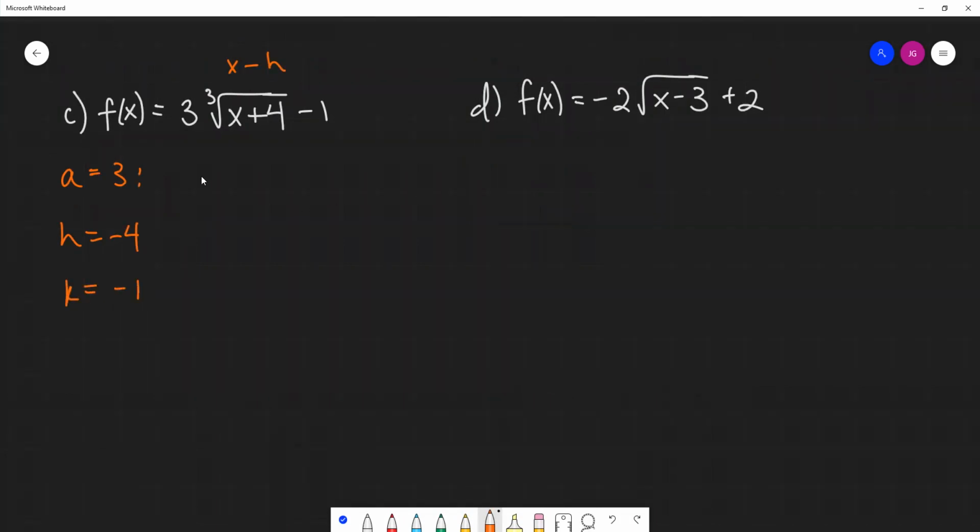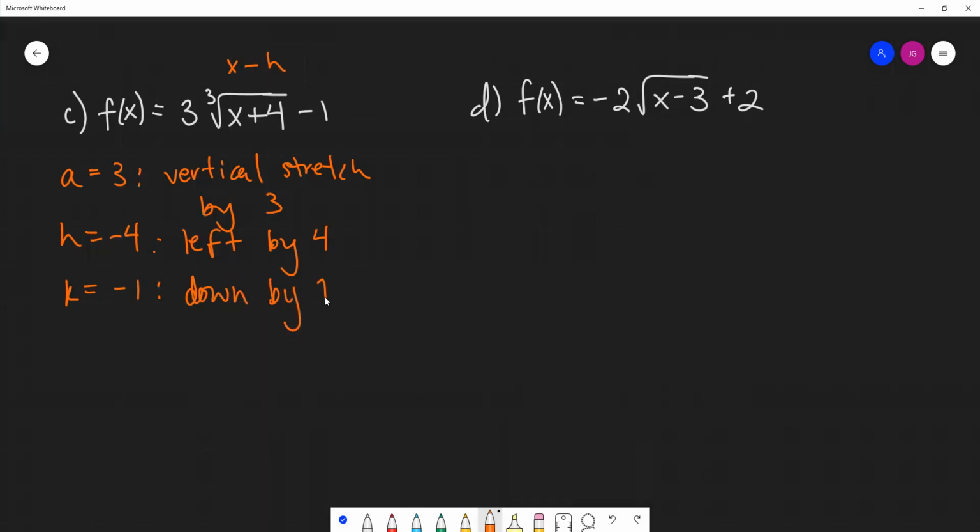So what do these mean? Well, a equals 3, that's bigger than 1, so it's a vertical stretch by 3. h equals negative 4, that's a translation to the left by 4. And then negative 1, that's down by 1.